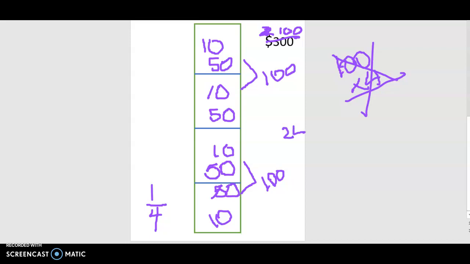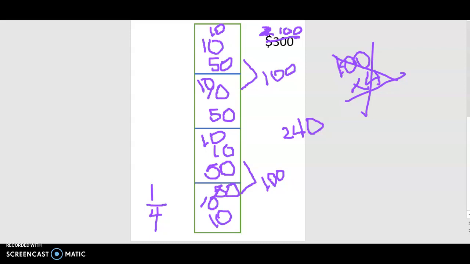Do I have enough left to put 10 more in each box? See, I'm at 240, so that'd be 250, 260, 270, 280. Yeah, I could put another 10 in each box. I bet you enjoy watching me draw these. While I'm drawing them, you figure out how much is in each box so far.